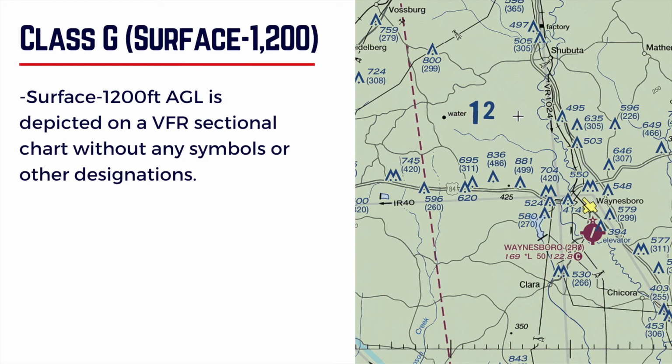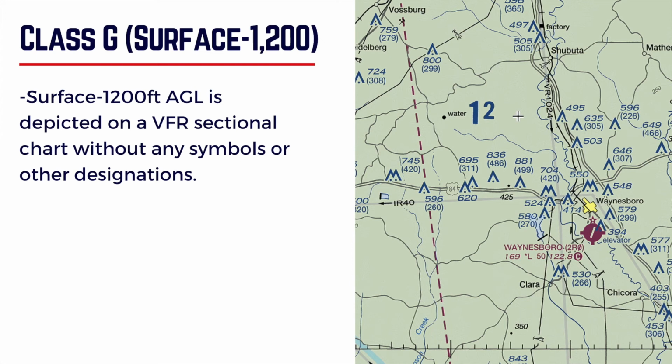Now, let's begin with Class G from the surface to 1,200 feet. This is typically the Class G that you usually see and that you usually operate in as a remote pilot. So it's surface to 1,200 feet above ground level and is depicted on a VFR sectional chart without any symbols or other designations.